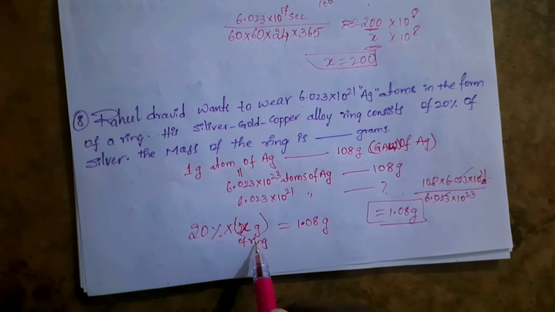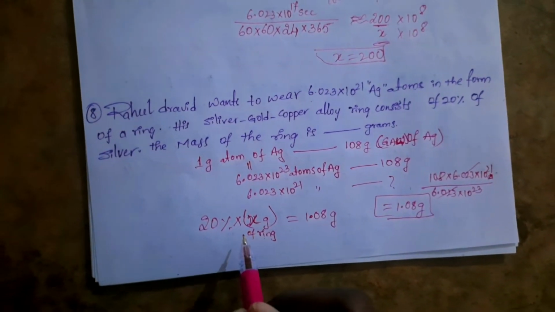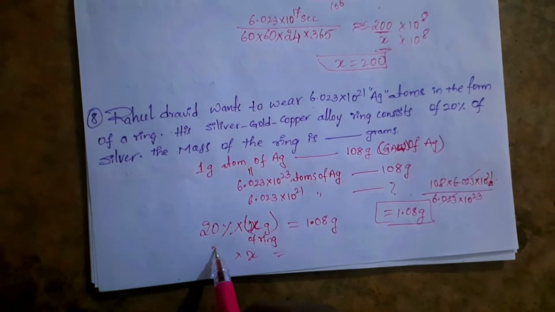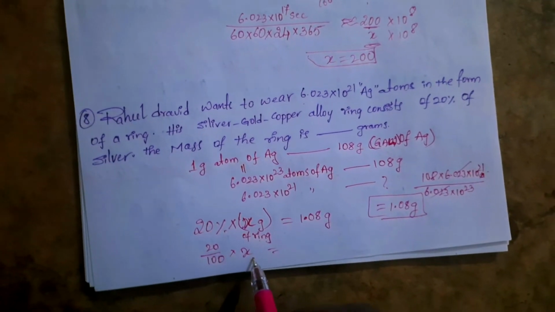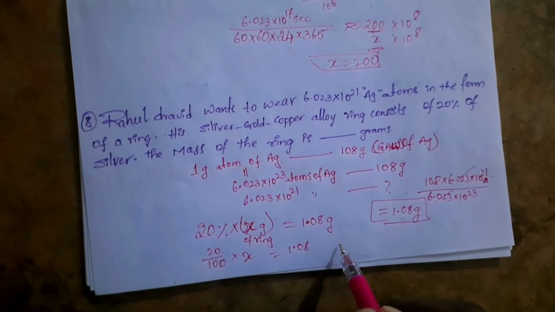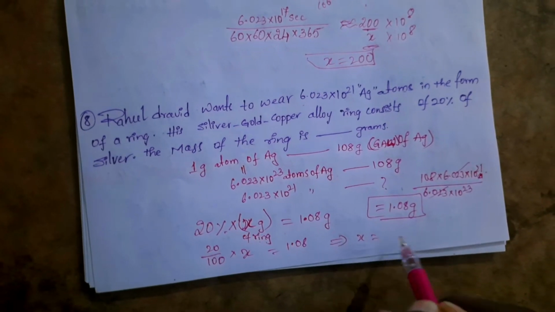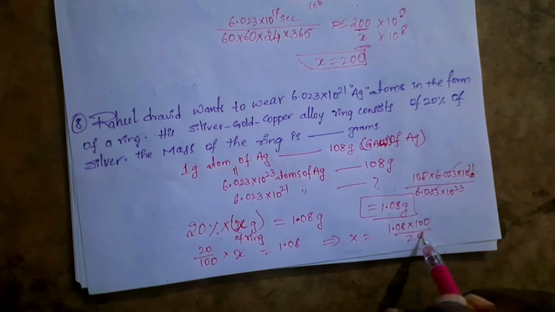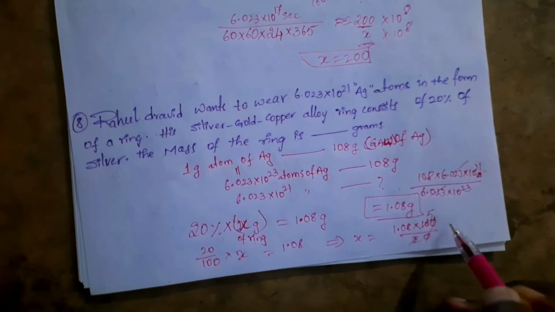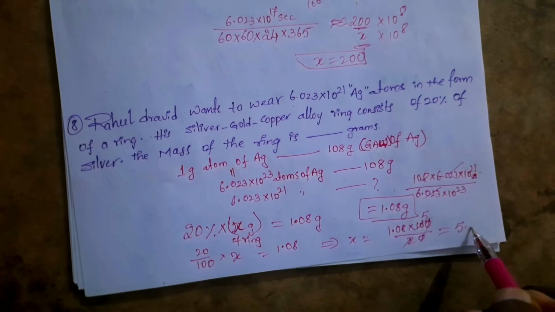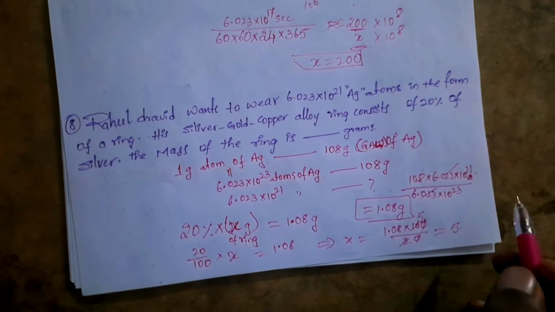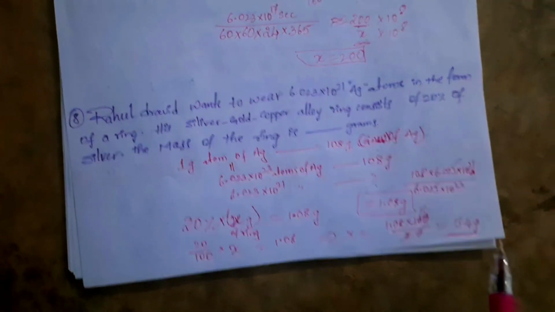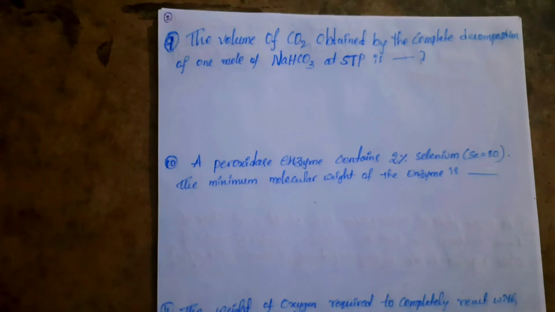So in this x grams of ring, 20% is silver. Then x into 20 by 100 is equal to 1.08, so x is equal to 1.08 into 100 by 20. The 2s get cancelled, 5 8s are 40, so that is 5.4 grams. Is that clear? Now you see the next question.